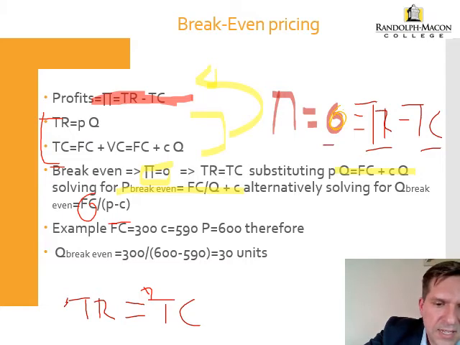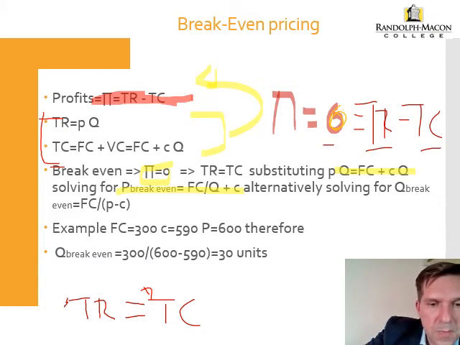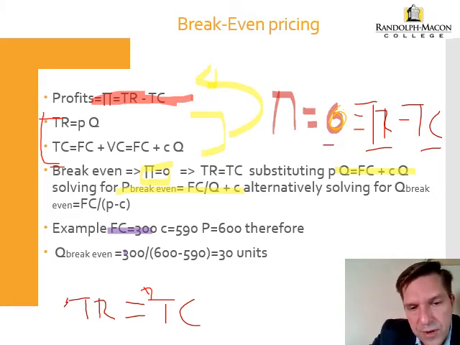Now, if you want a simplistic example, which I have right here, if I give you some data, or you get it yourself by doing some research and talking to your accounting department, then you can easily compute the break-even quantity. For example, the fixed cost is 300, and the variable cost in this case is $590.